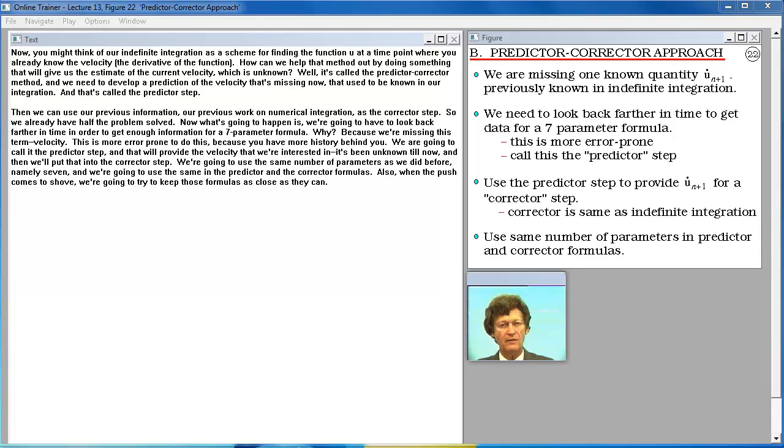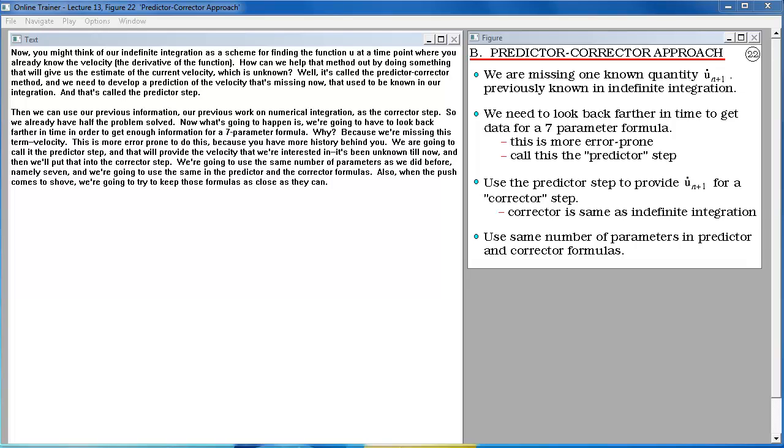Now, you might think of our indefinite integration as a scheme for finding the function u at a time point where you already know the velocity or the derivative of the function. How can we help that method out by doing something that will give us the estimate of the current velocity, which is unknown?